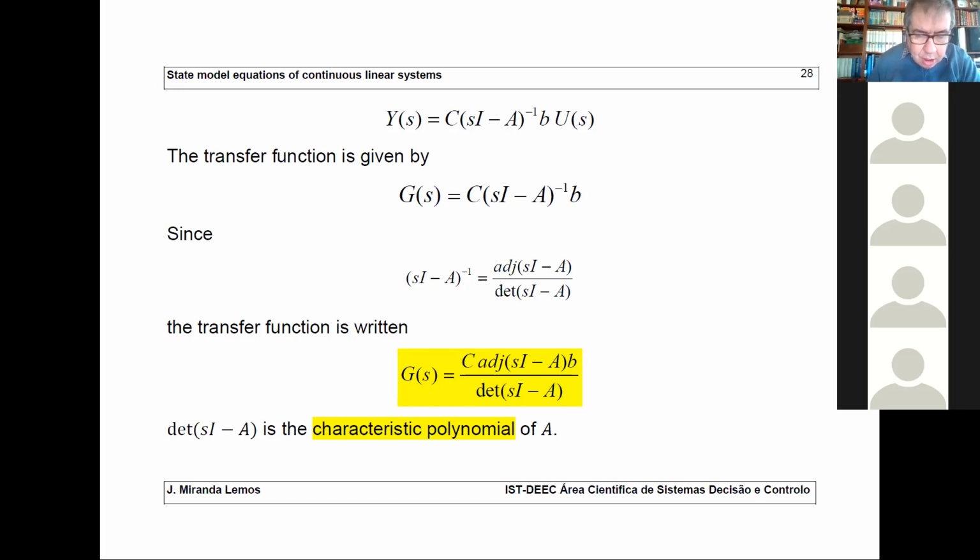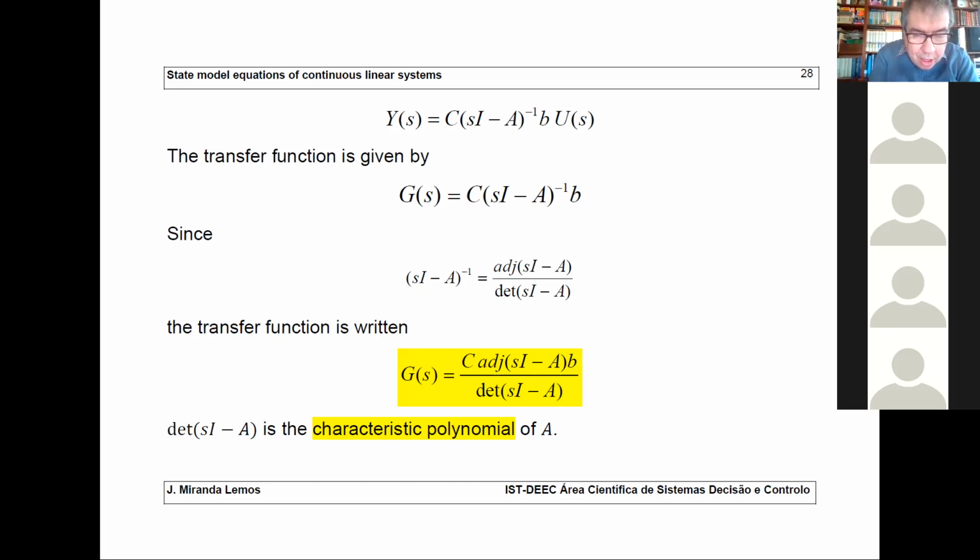Poles, yes, the poles. And the roots of the numerator are the zeros.